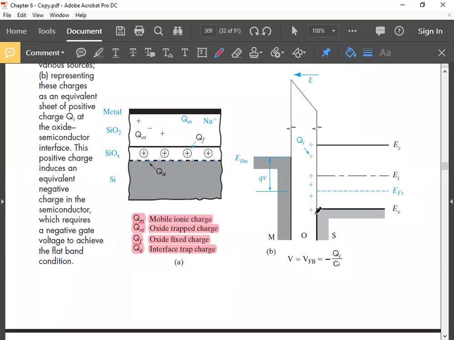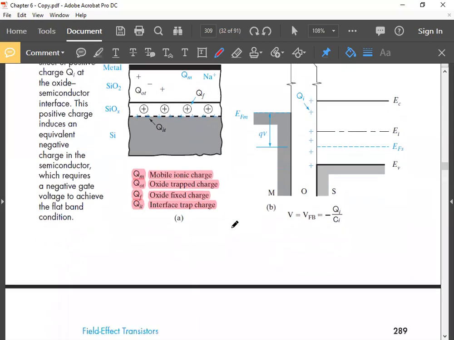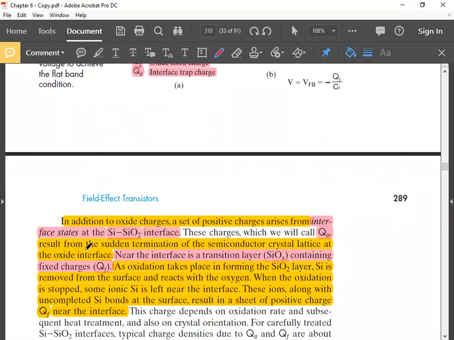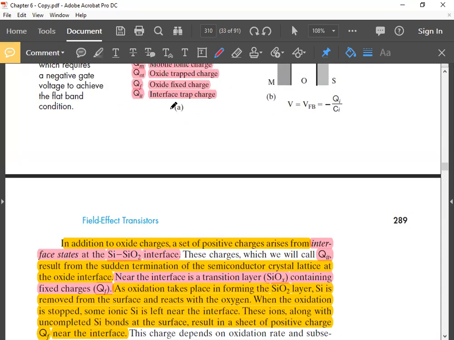Remember, I told you imperfections introduce allowed energy states within the band gap, trap states. Associated with those trap states, there can be some charges, and those are the interface trap charges, Q IT.